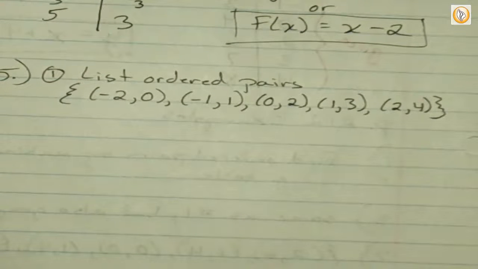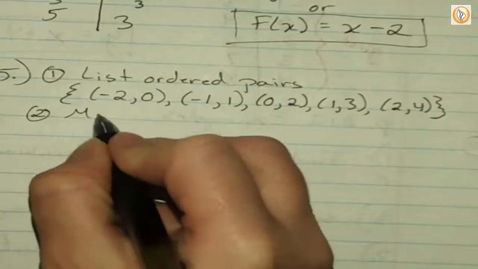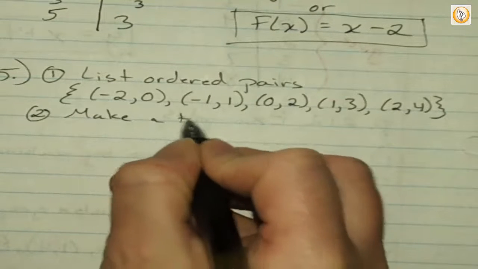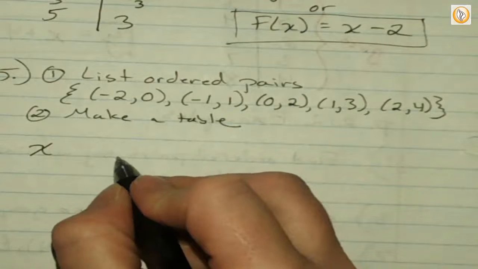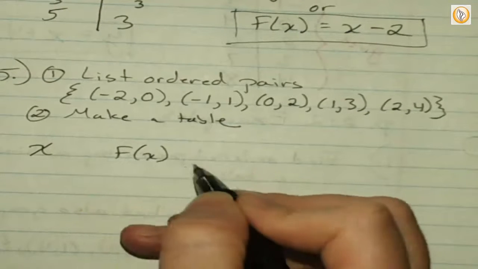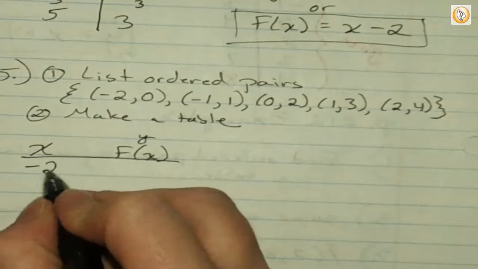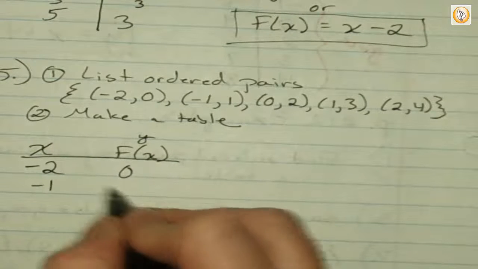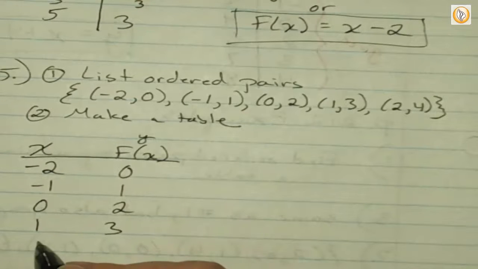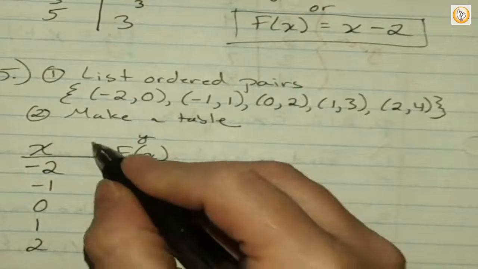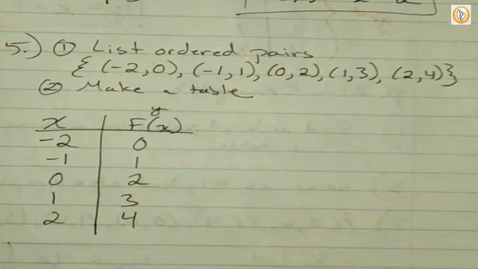So for 15, we just wrote out the dots as ordered pairs, and then step two, make a table. I'll let y'all catch up.